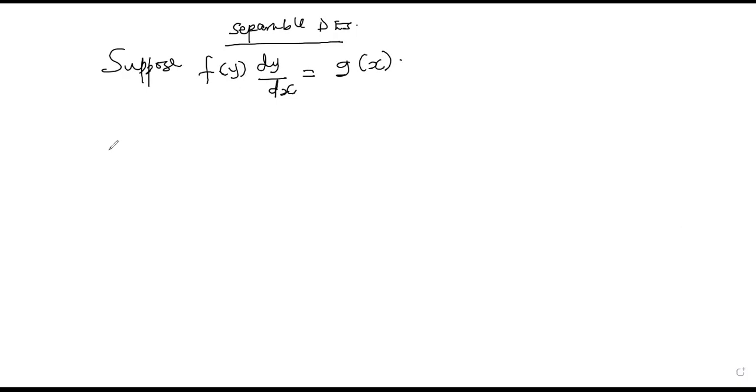When I say separate variables, you can multiply so that you have f of y dy is equal to g of x dx. I have separated variables. So this is followed by integration.